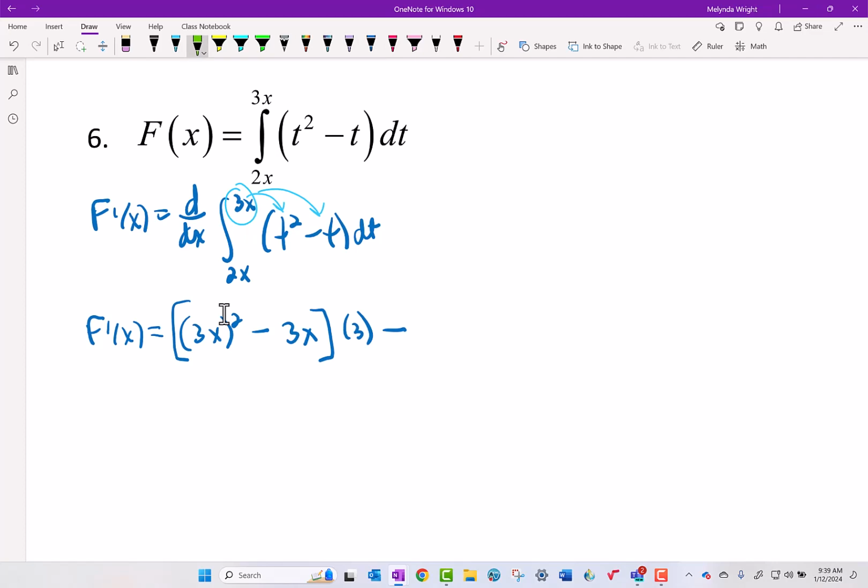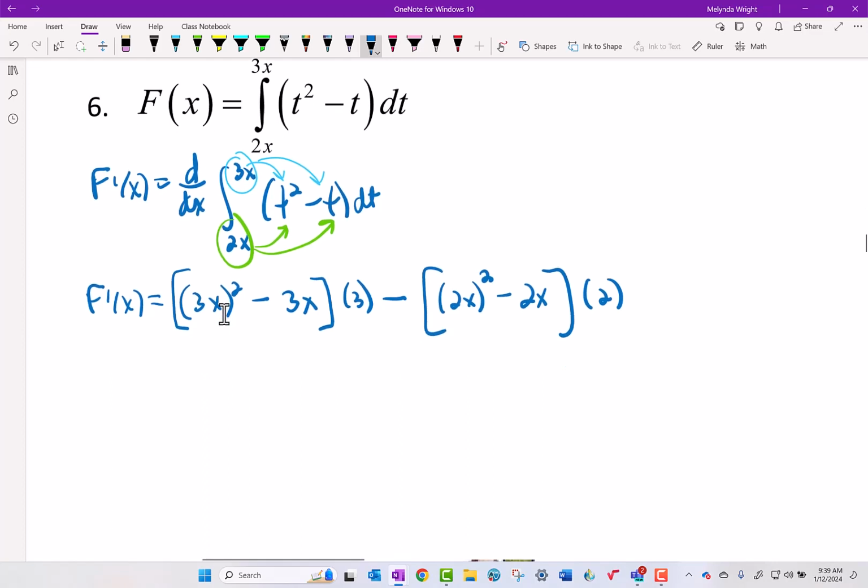Now we're going to work on the lower bound, and we do the same thing. We insert it everywhere there's a t. So we've got 2x squared minus 2x. Do I need to do anything to the 2x? Yes, I have to chain it, so times 2. Now it's just a matter of algebra, distributing and combining like terms. The most fun part of calculus is algebra, right?